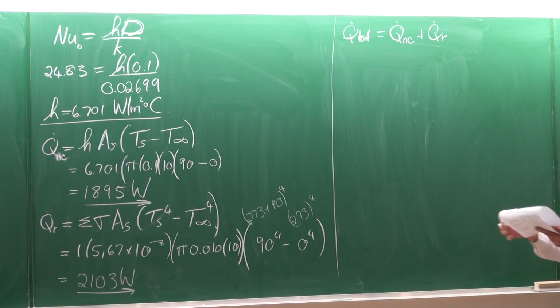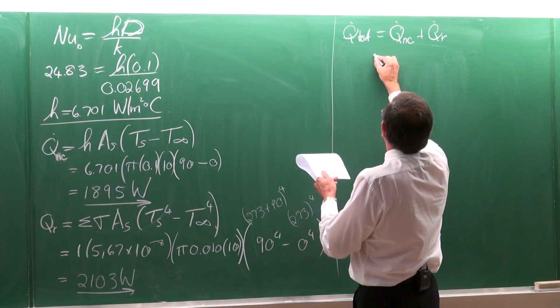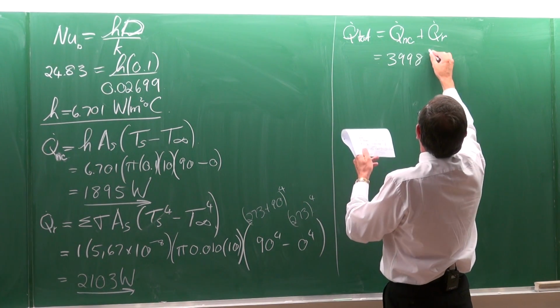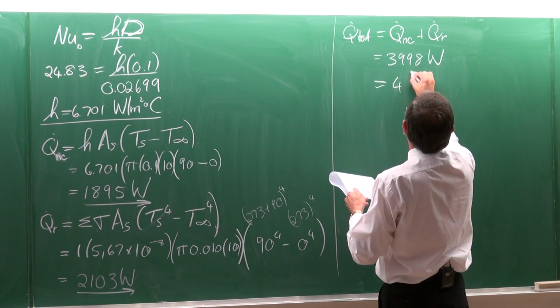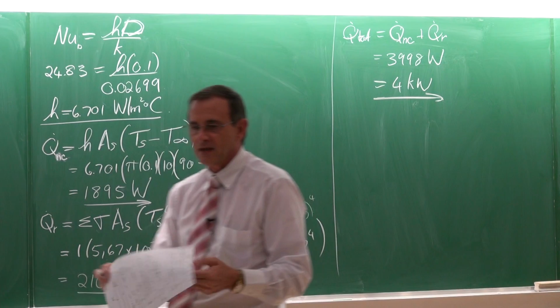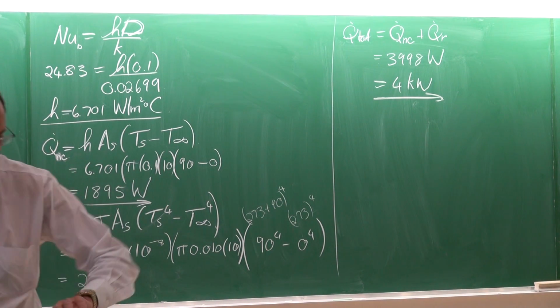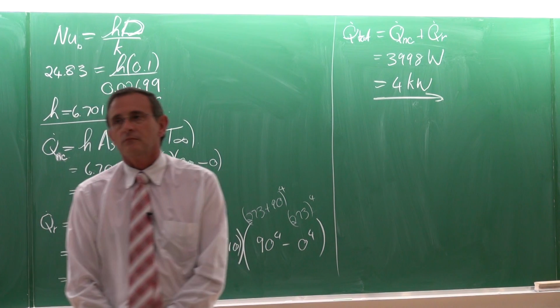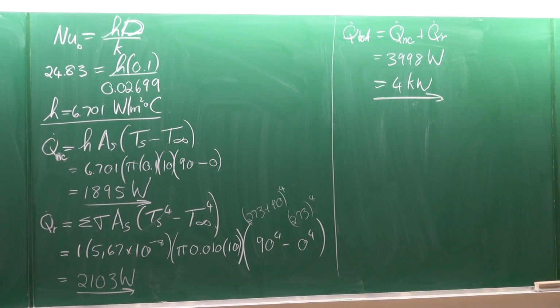Okay, and if we add the two together, it is equal to 3,998 watts, so that is equal to 4 kilowatts. Obviously, by assuming the emissivity is equal to 1. It will be smaller than 1, but it gives us an indication of the order of magnitude of the radiation.